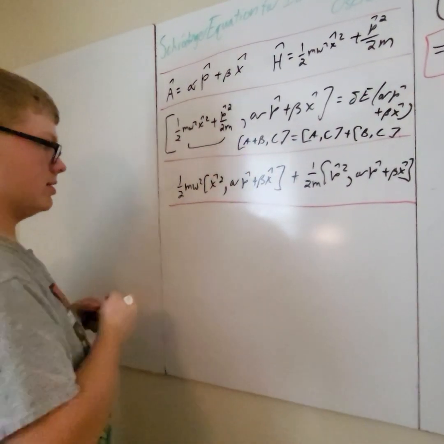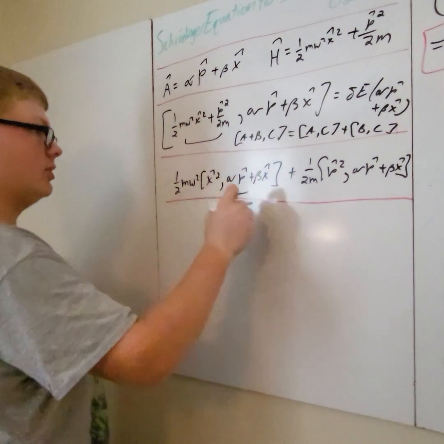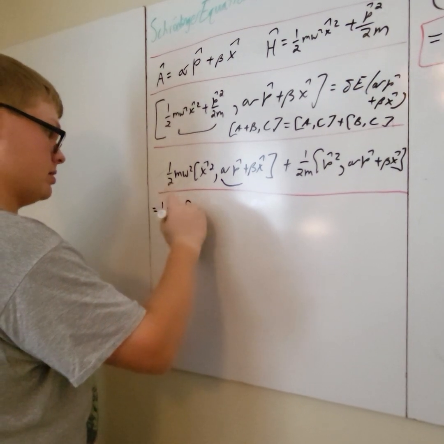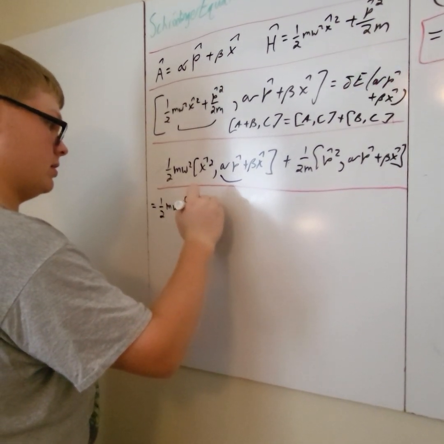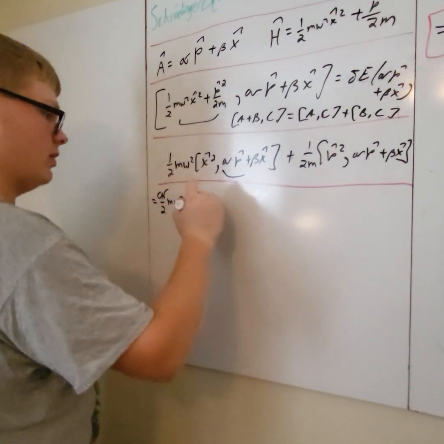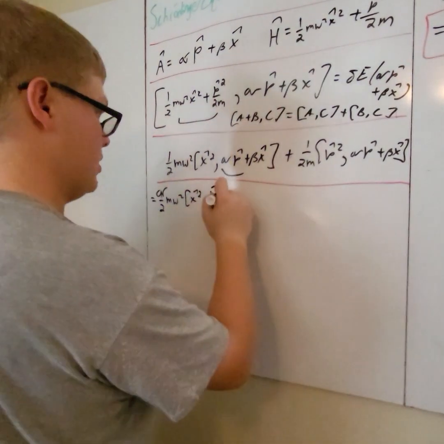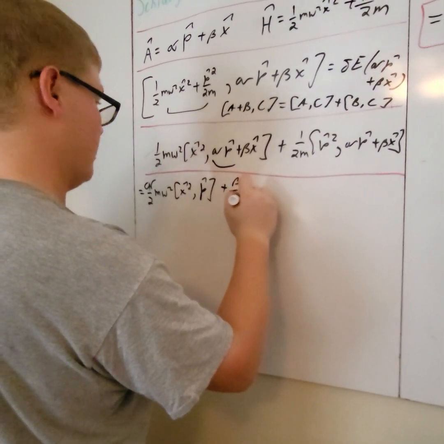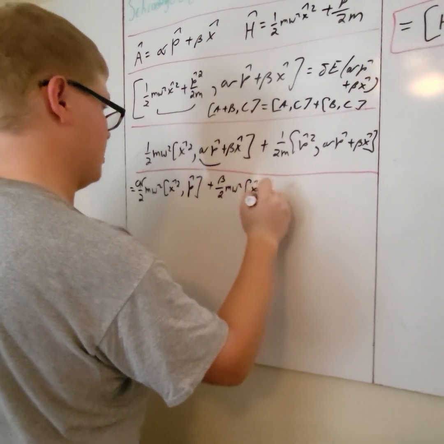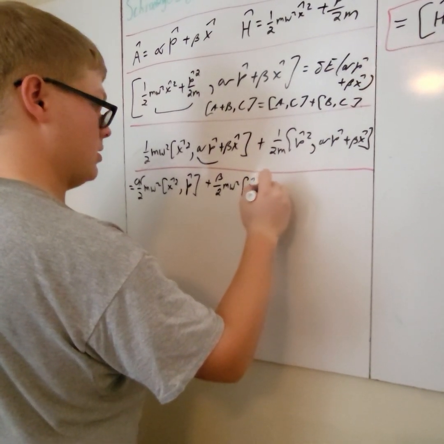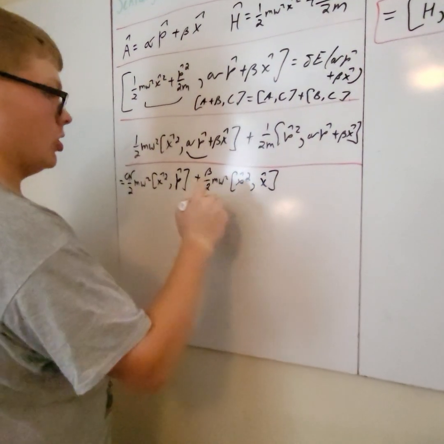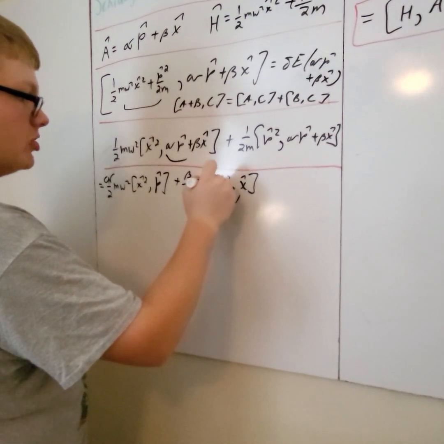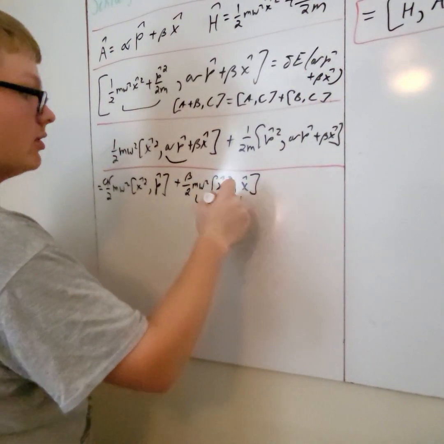Well, you can similarly break these apart in a decomposition like this, and pull out that factor of alpha, plus beta over 2. But this term right here is just the commutator of the position operator squared with the position operator itself.